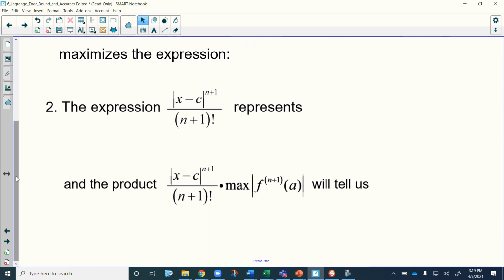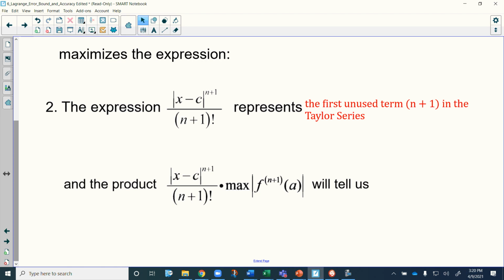Here, the expression, and this is coming from whether you're looking at Taylor's theorem or Taylor's inequality, these are both going to be represented in them. The expression, the absolute value of x minus c to the power of n plus 1, the degree plus 1, over n plus 1 factorial, is going to represent the first unused term, the next degree term in the Taylor series.